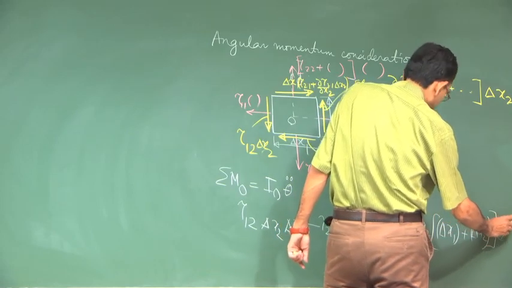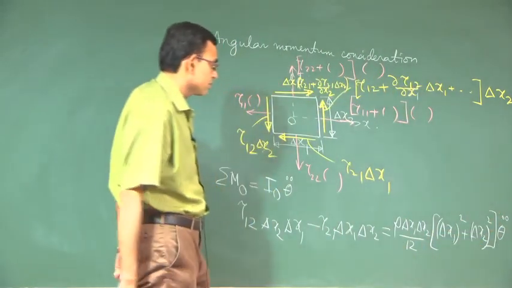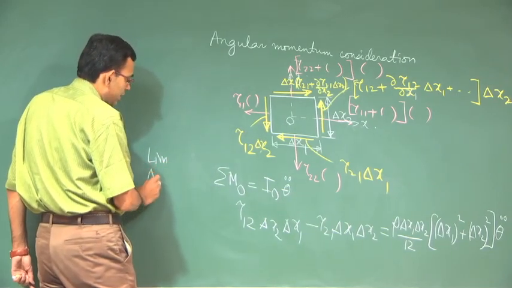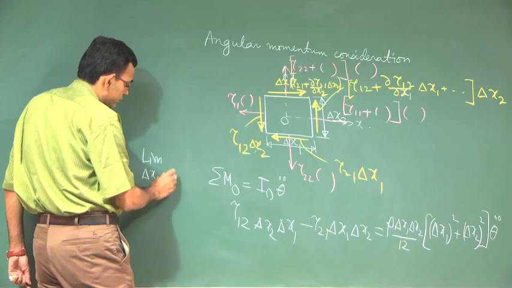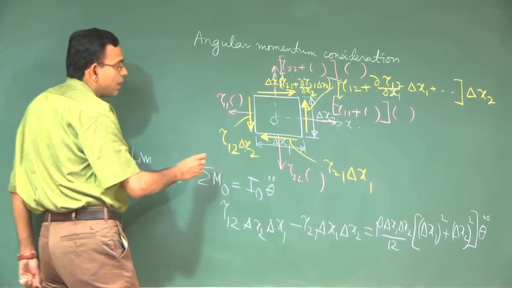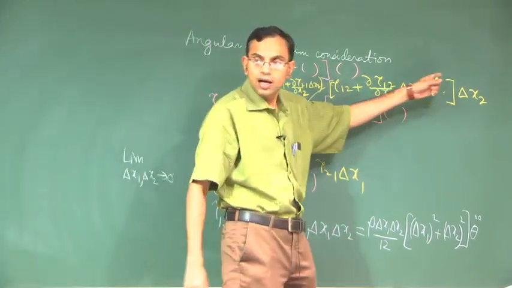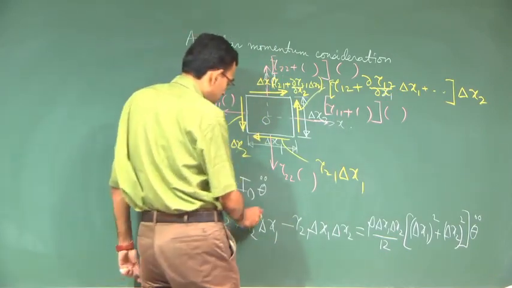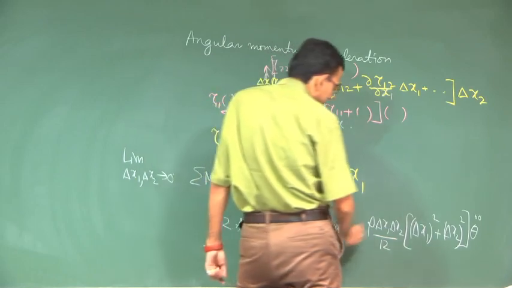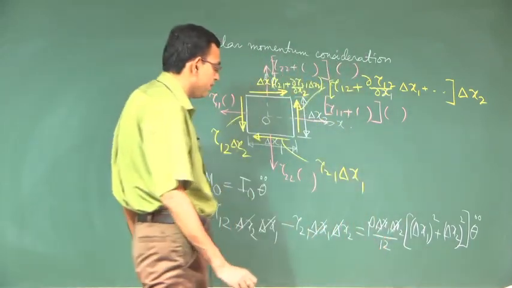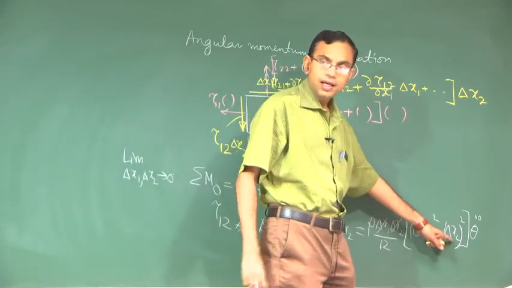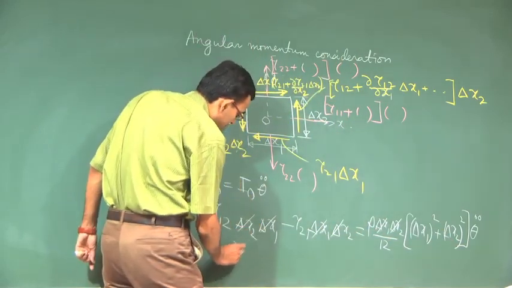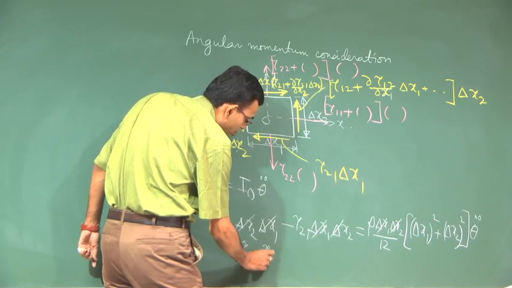Now, you take the limit as delta x1 and delta x2 tend to 0, which partially we have already taken to ignore the higher order terms. Then if you cancel these terms, because these are tending to 0, these are not equal to 0, then the right hand side becomes 0. So, you have tau 12 is equal to tau 21.